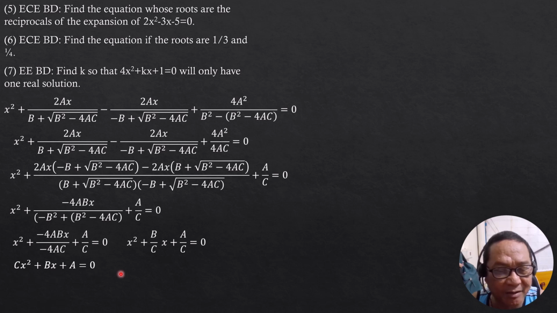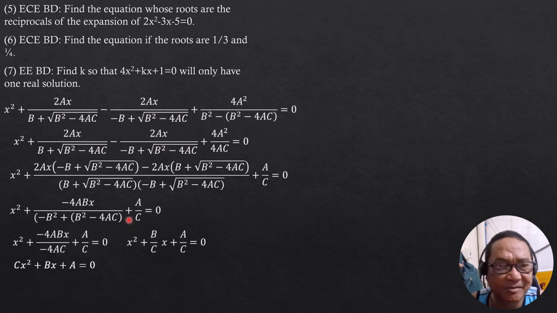When the roots of the quadratic equation are inverted, so that we have the reciprocals of the original roots of the equation, the idea is easy to remember. You just interchange the coefficient of x squared and the constant. So that is cx squared plus bx plus a equals 0.